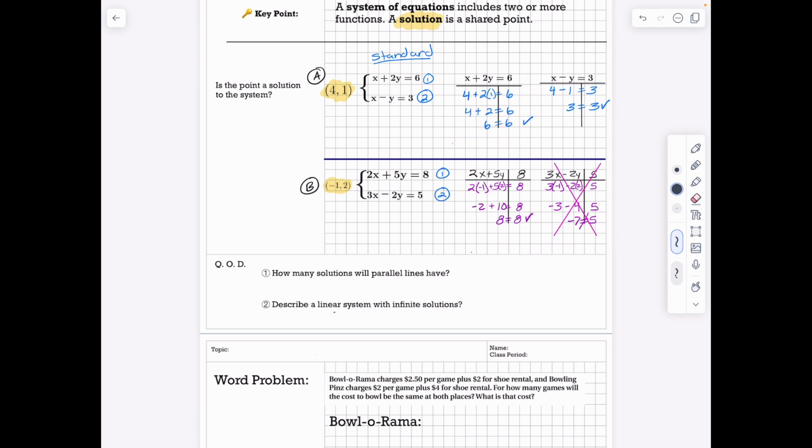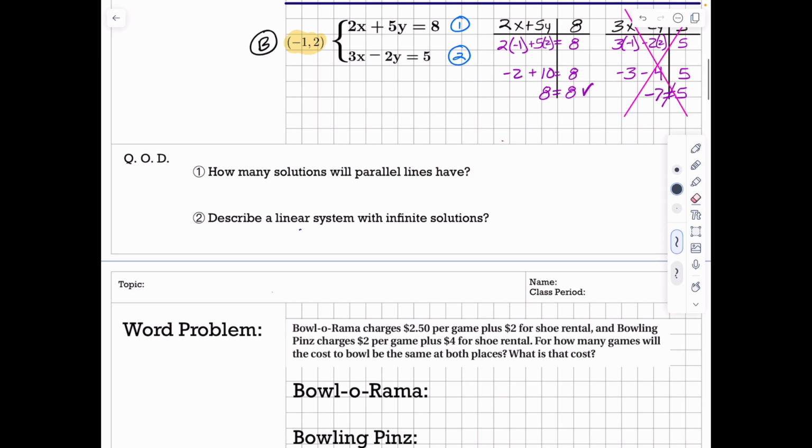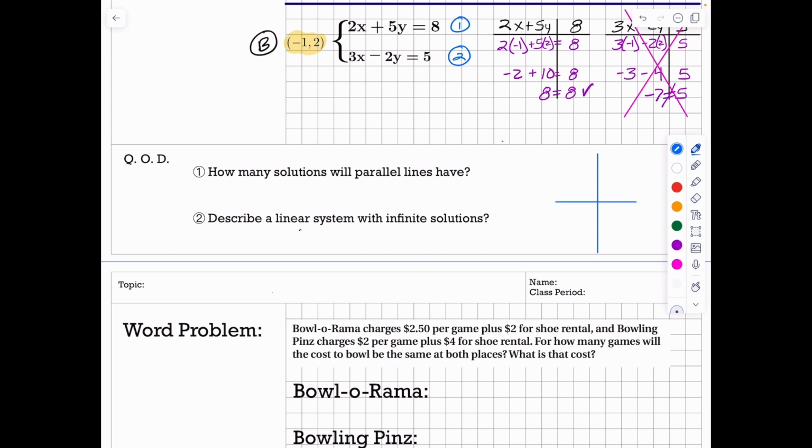Okay, how many solutions will parallel lines have? Well, we got to think about parallel lines here. Here's my XY axis. Here's a couple of parallel lines.